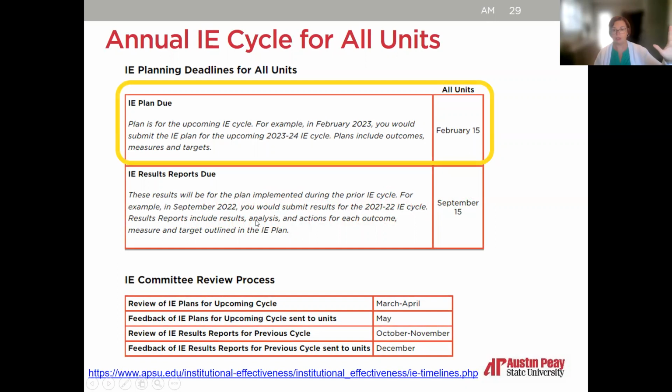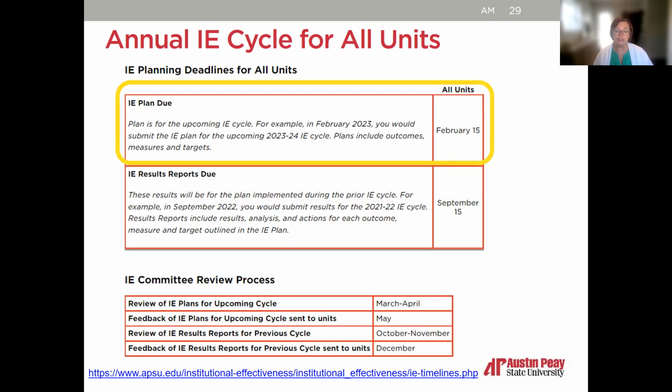I know we keep hammering this, but you can't put it out enough. February 15th is when your IE plan for next year is due. And Allie mentioned this already, but at the bottom, you'll see this committee review process. So right now, October, November, they're reviewing those reports that you all submitted in September, and we'll get that feedback to you by the end of December, as Allie mentioned.